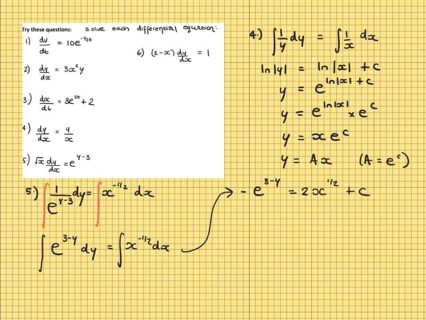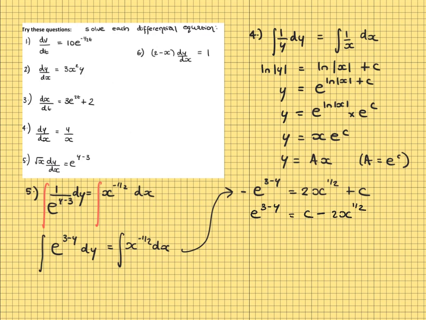Now you might be asked to rearrange this for y, you might be asked to rearrange this for x. There are various different routes we could take with this. Let's imagine we have to write this in the format y equals. So we'll multiply both sides by negative 1, which gives me e to the 3 minus y equals a constant, take away 2x to the power of a half.